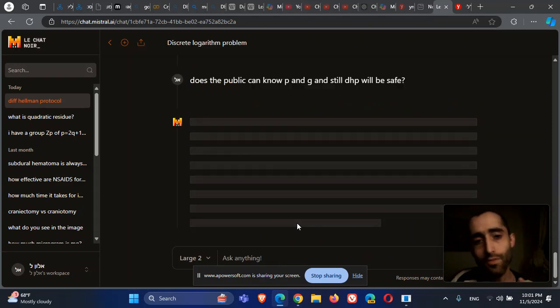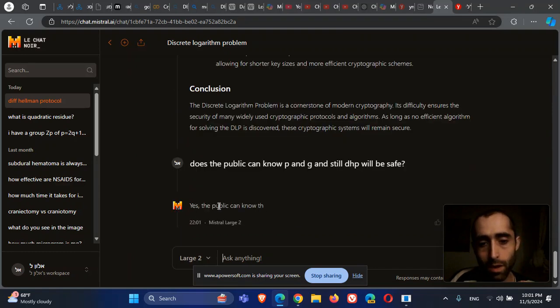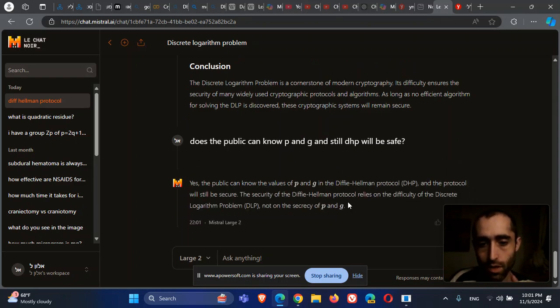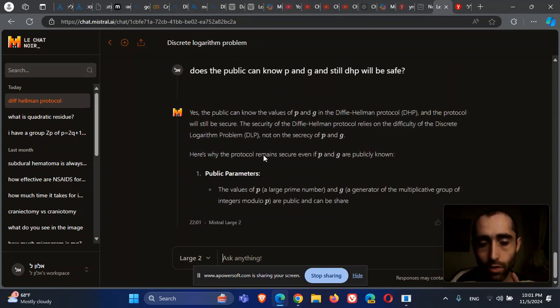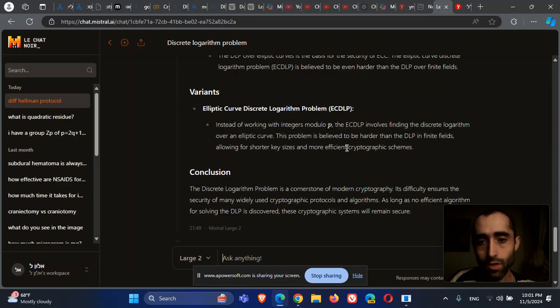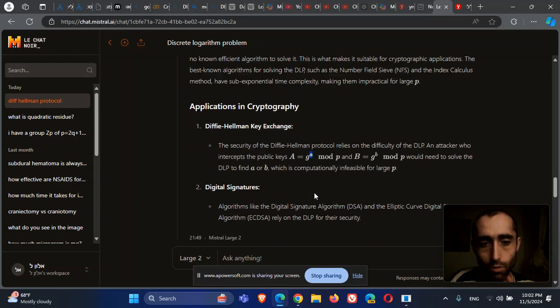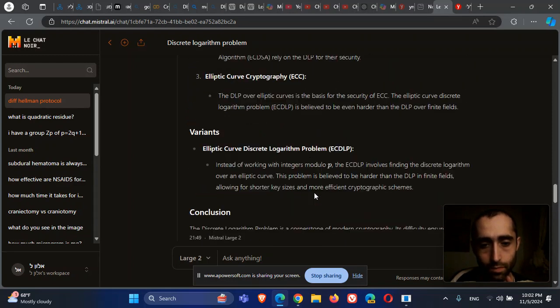See that even if the public can know P and G, still Diffie-Hellman will be safe. This is because of the discrete logarithm problem, because even though I know P and G, to solve this, if I know this value for a is very hard to solve, and he gave an example here.